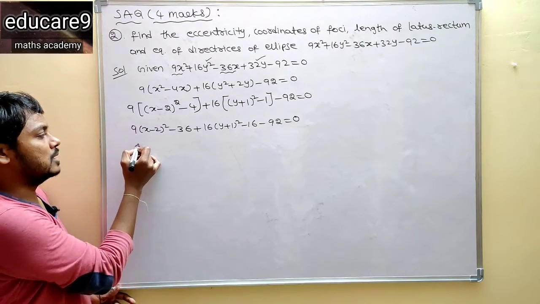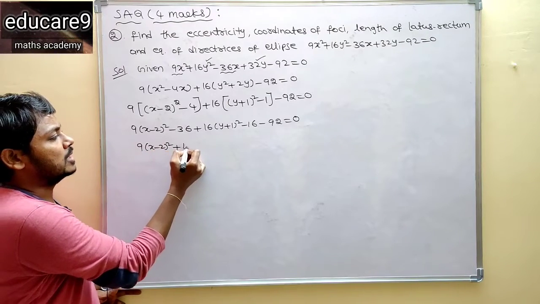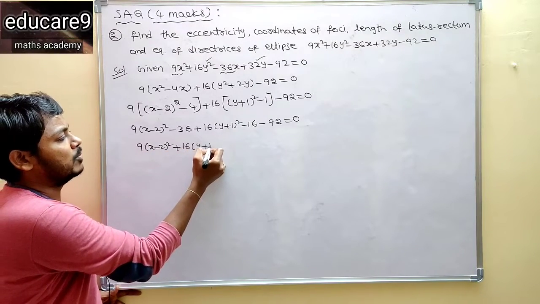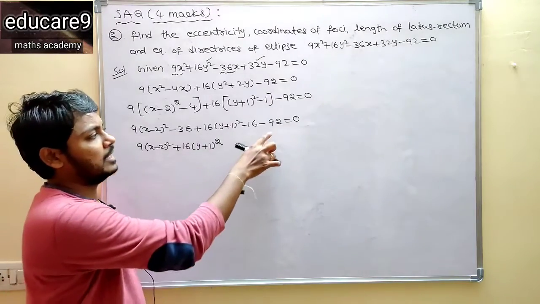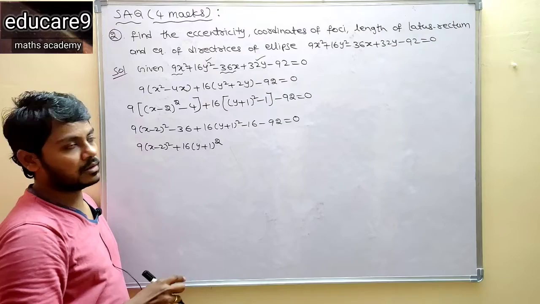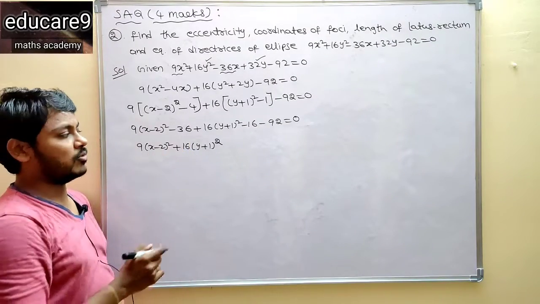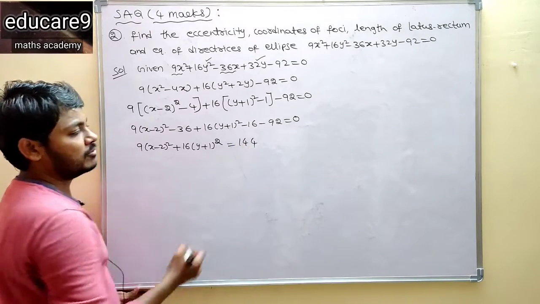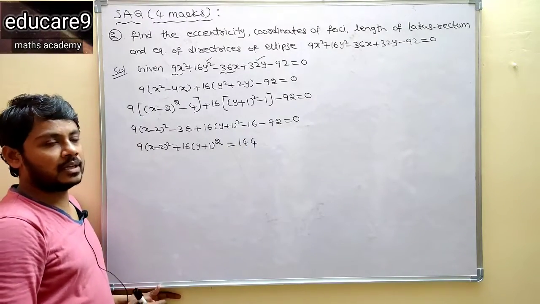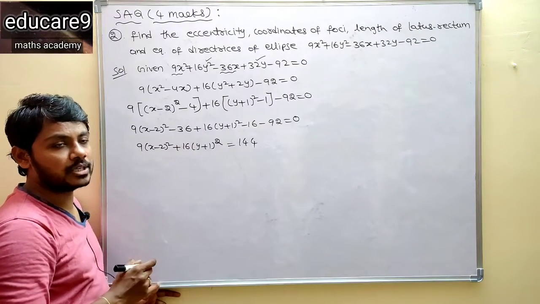Now this is 9 times of x minus 2 whole square plus 16 times of y plus 1 whole square. And this one 92 plus 16 is 108, plus 36 is 144. So sending it to the right side, you will get plus 144. And divide this equation by 144 on both sides.